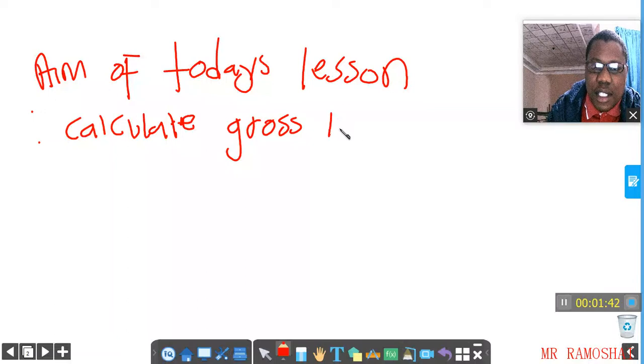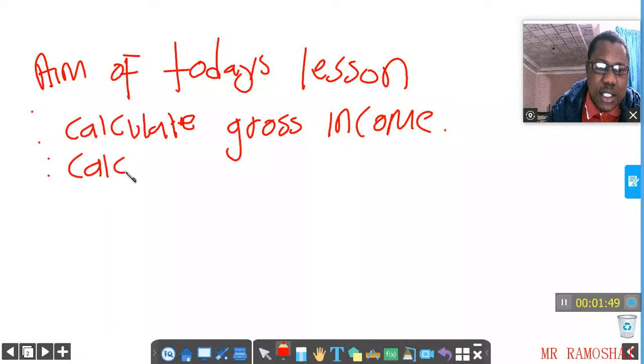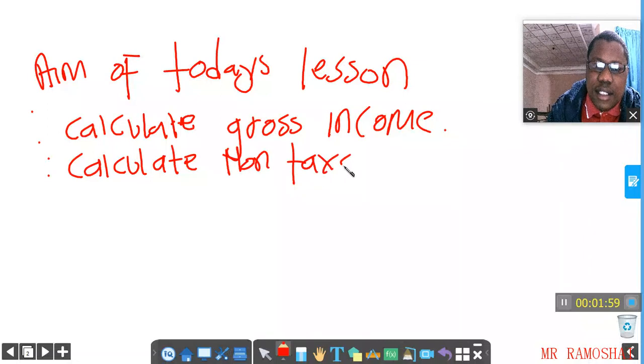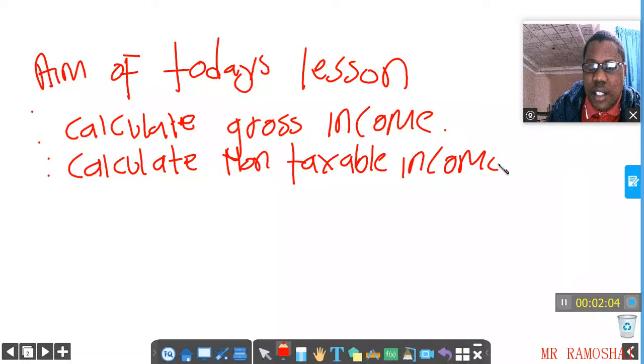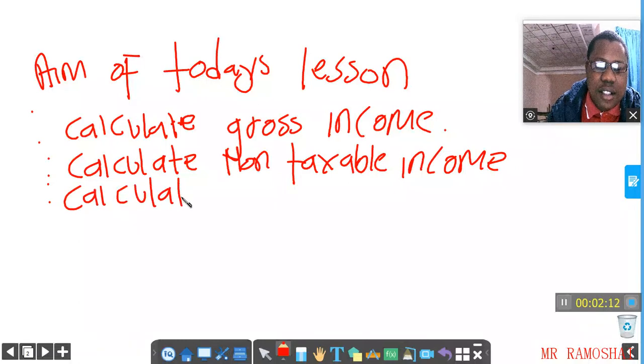gross income. Then the second thing, I want you to be able to calculate non-taxable income. Then I want you to be able to calculate taxable income.